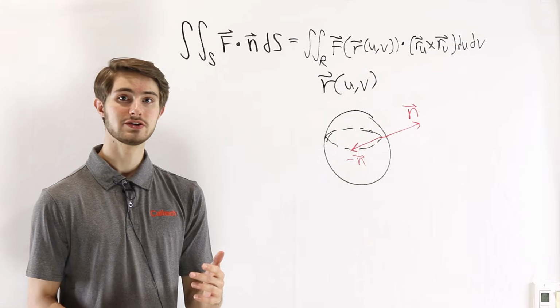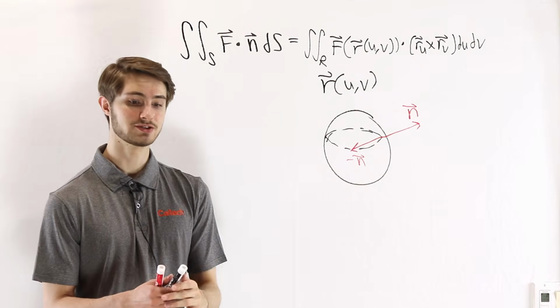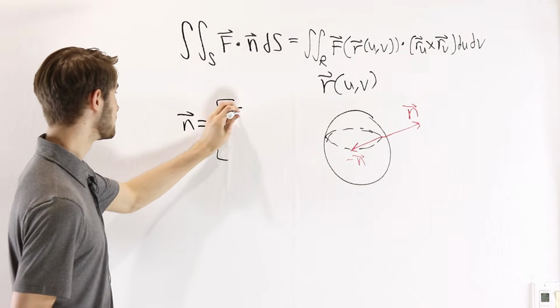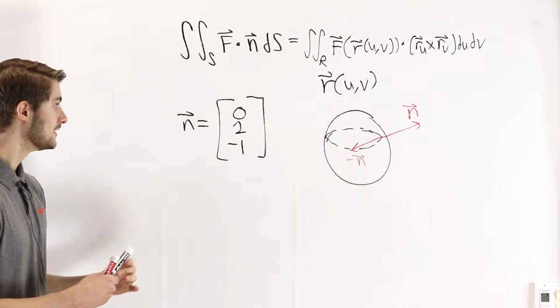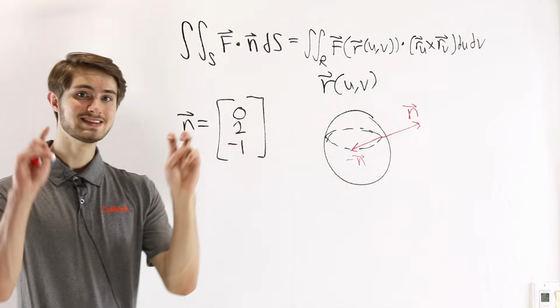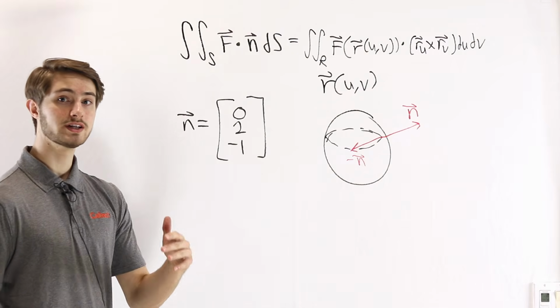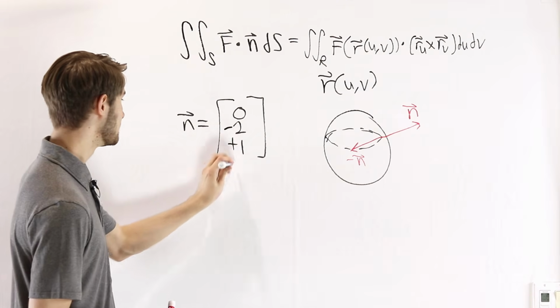When the normal vector is described as upward versus downward, that's talking about the z component of the normal vector. So if our normal vector, for example, were 0, 2, negative 1, we could tell that this normal vector would be oriented downward because the z component is negative. If we wanted it to be oriented upward, we would take the negative of this vector so that the z component was positive.